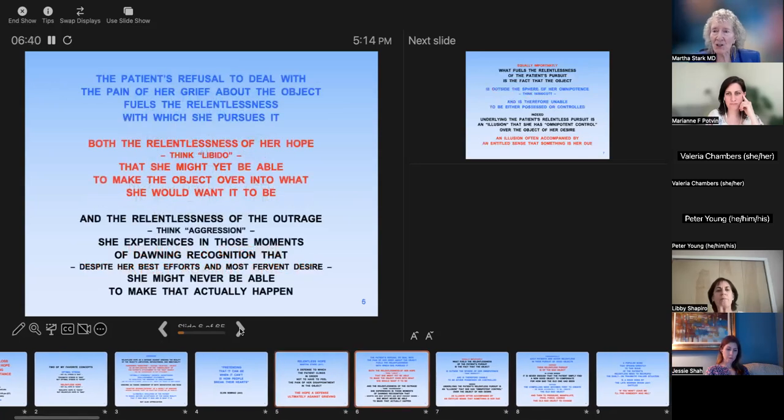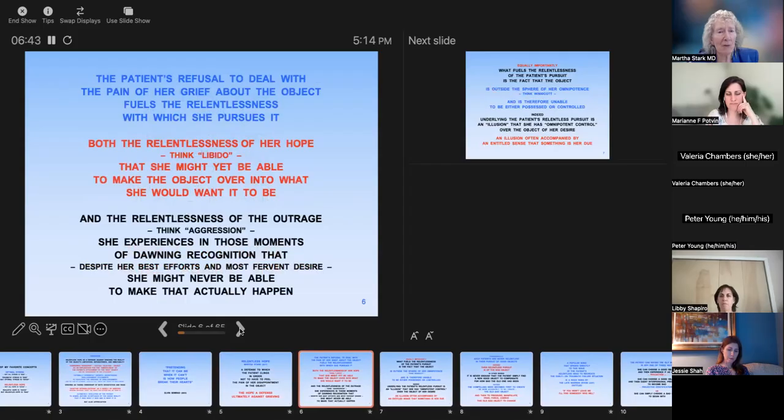Next. So the patient's refusal to deal with the pain of her grief about the object fuels the relentlessness with which she pursues it. Both the relentlessness of her hope, think libido, that she might yet be able to make the object over into what she would want it to be, and the relentlessness of the outrage, think aggression, she experiences in those moments of dawning recognition that, despite her best efforts and most fervent desire, she might never be able to make that actually happen.